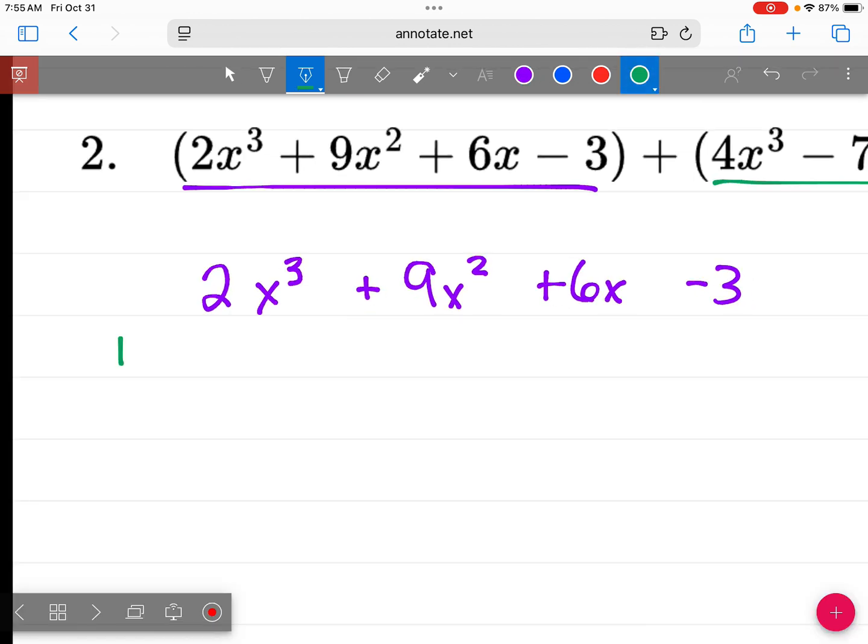And we are going to add, and I'm going to stack them. And I'm going to line up x cubed with x cubes, x squared with x squared, x's with x's. So I've got my 4x cubed here. And my minus 7x squared under the x squared. And my plus 5x over here. And I don't have anything to put under the constant, and that's okay.